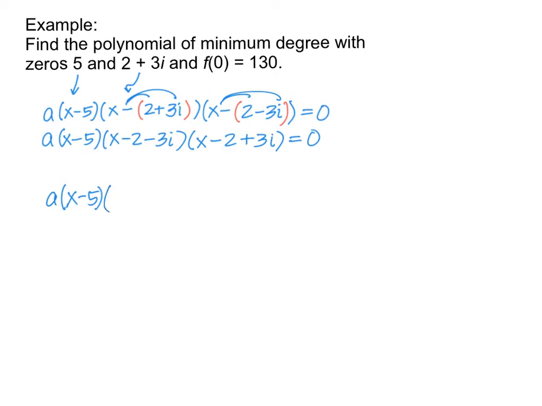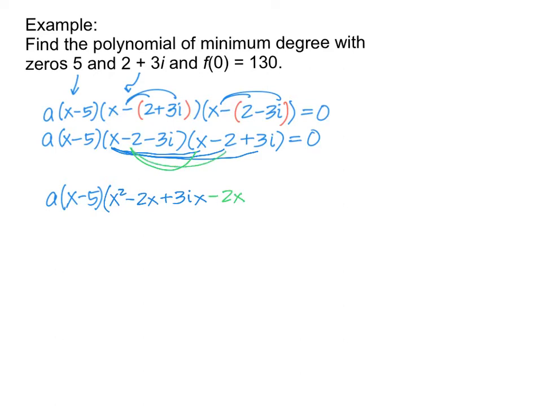I'm going to draw arcs so that you know each step here. X times x is x squared. X times negative 2 is minus 2x. X times 3i is plus 3ix. Then I'm going to change colors so that you can see the second part now. Negative 2 times x is minus 2x.